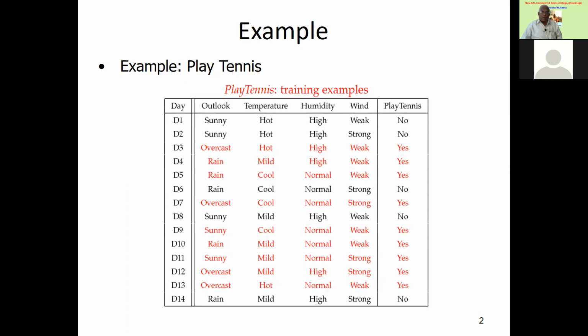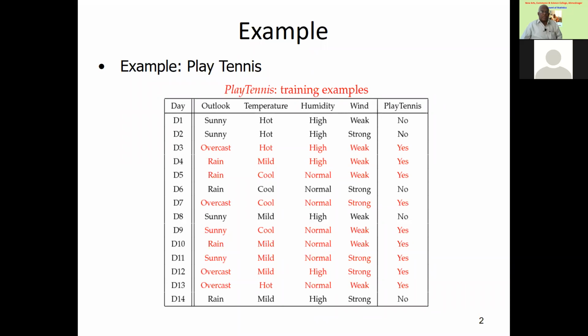Humidity: high humidity, normal humidity, feature of the day. Wind: weak, strong, weak, strong. This is the feature of the day. So in this table, I have four features of the day. Which are those features? Outlook, temperature, humidity, wind. In other words, these are the variables.